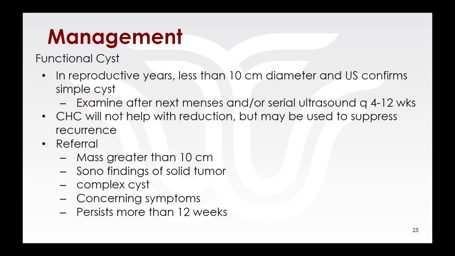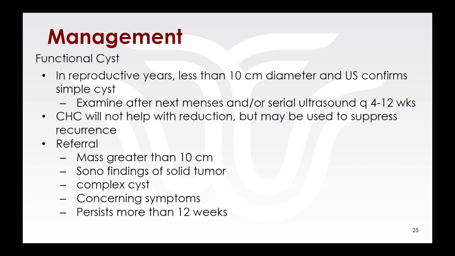A lot of practitioners will put a patient on a birth control pill, a combined hormonal contraceptive, in hopes to make it go away faster. It does not work that way. It doesn't help with reduction, right? Because remember, the hormonal fluctuation that caused it has already happened. So you can't undo what has already happened.